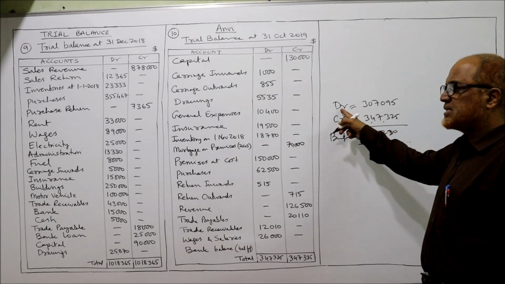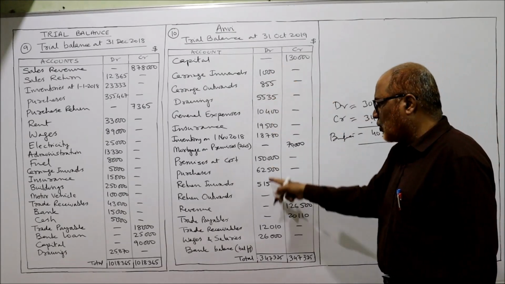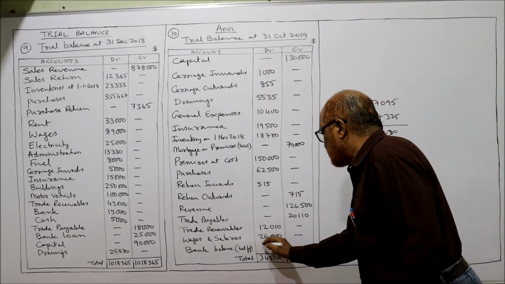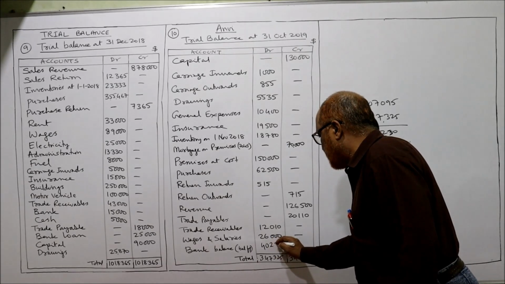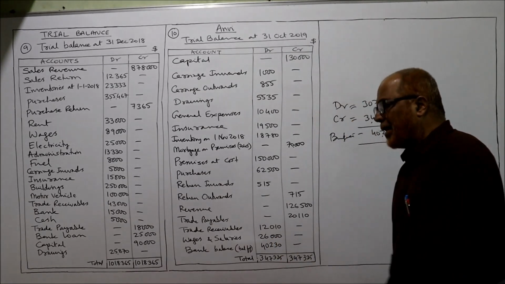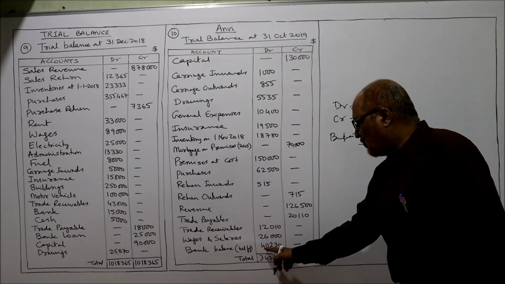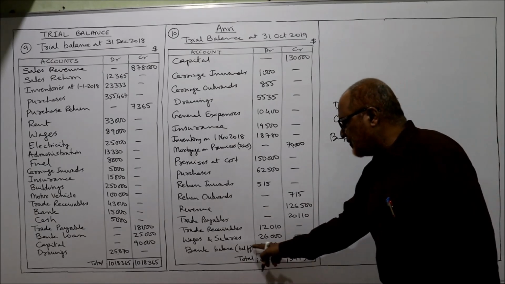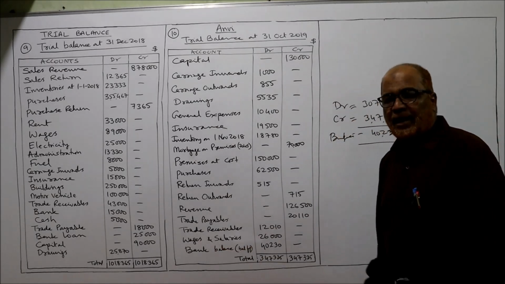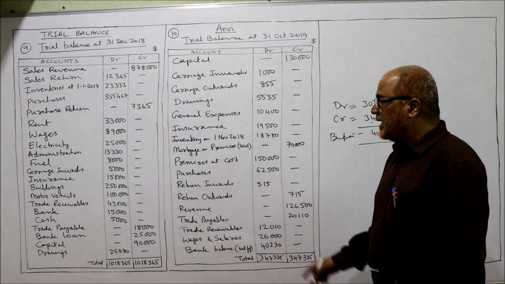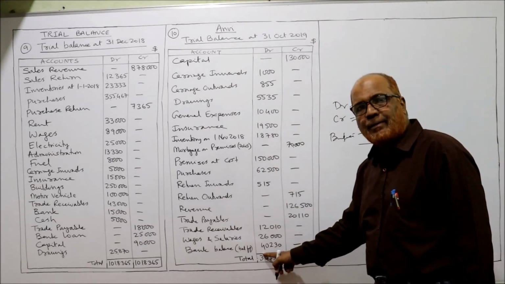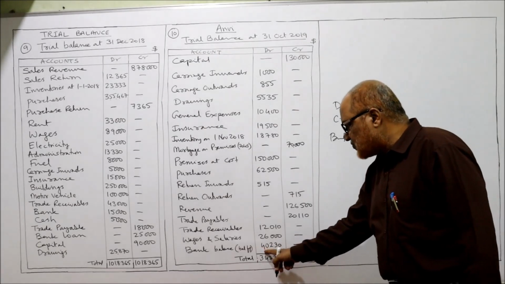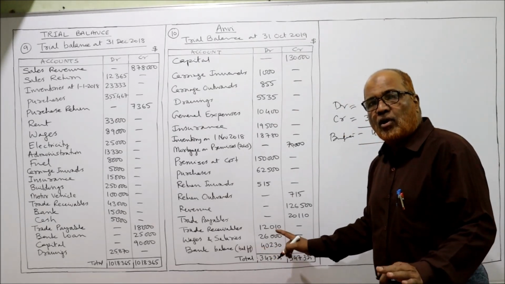In which column total is less? Debit column. Debit column total is less. So here I am going to write down 40,230. Balancing figure. So 40,230 is the balancing figure that is transferred to bank balance because it is given in the problem. Any difference in debit and credit should be transferred to bank balance. So bank balance is 40,230. How we got it?